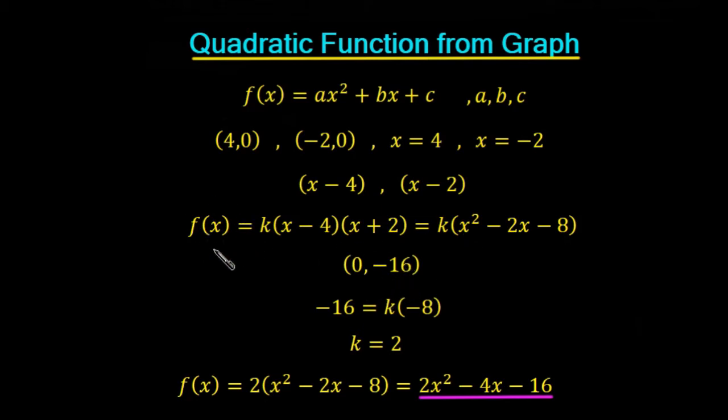So f(x), which is our y, has a value of -16. We're looking to find out what k is, and we put 0 in for x, so 0 squared is 0, minus 2 times 0 is 0, so we're just left with a value of -8. So finally that becomes -16 = k times -8, so k must be 2.